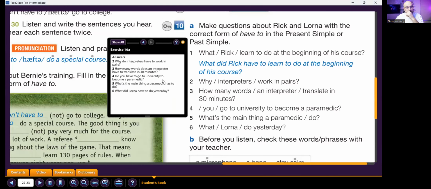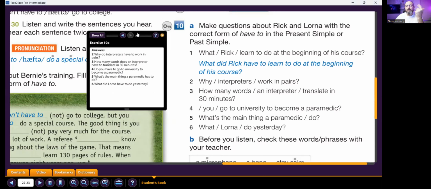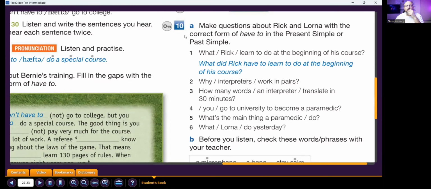Number 3, how many words does an interpreter have to translate in 30 minutes? 4, do you have to go to university to become a paramedic? 5, what's the main thing a paramedic has to do? 6, what did Lorna have to do yesterday? So here you have the questions. If you have any question about anything you didn't understand, just write it in the comments and we'll answer it.